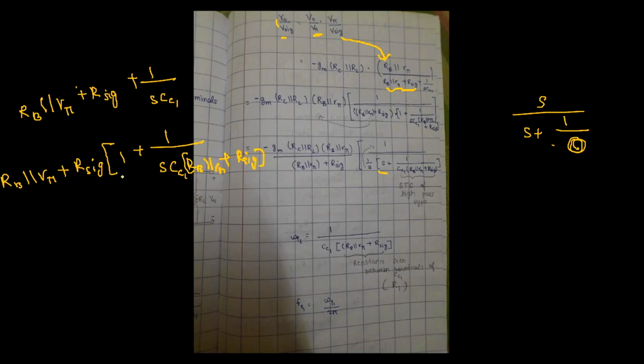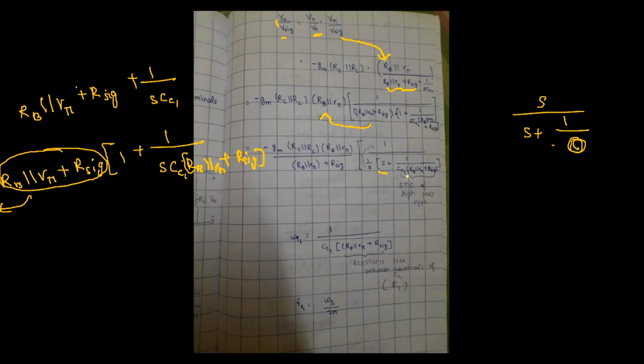So now I can take this part outside. So I'm left with 1 plus 1 by S CC1. Again I take 1 by S common out of this, and then the 1 by S in the denominator becomes S in the numerator. So I get my expression of this form.